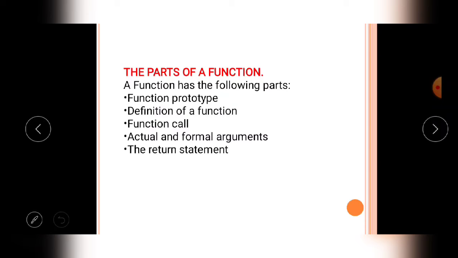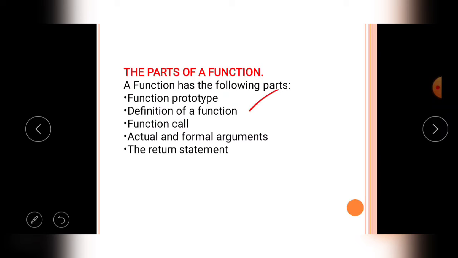Next, definition of the function. When the function is called, means when the function is ready to execute in the program, which type of tasks can be done by that function can be defined as a program.